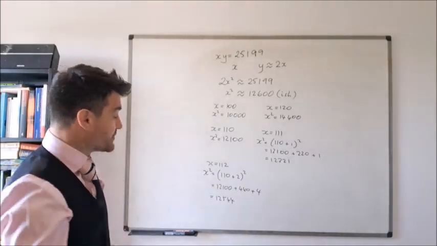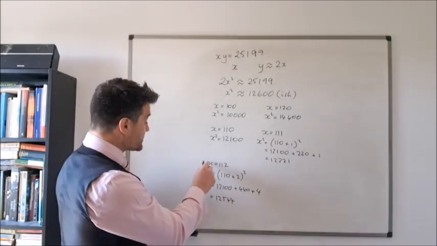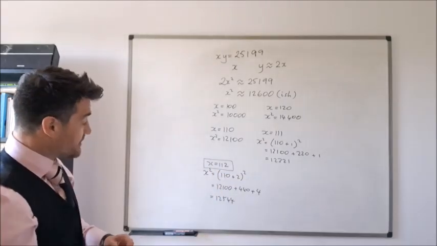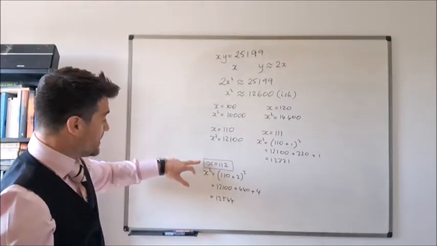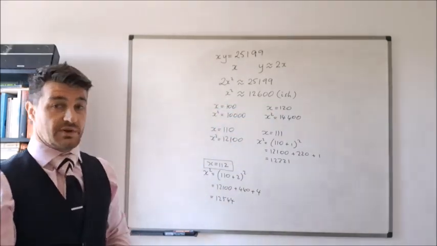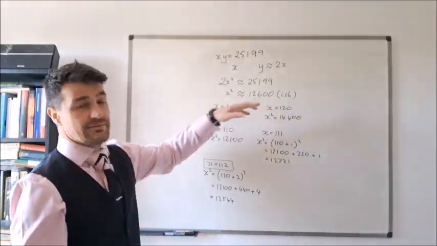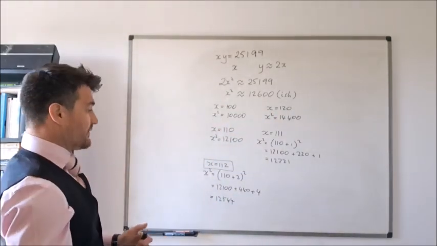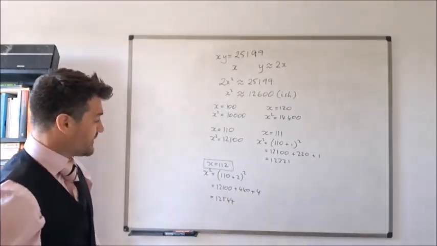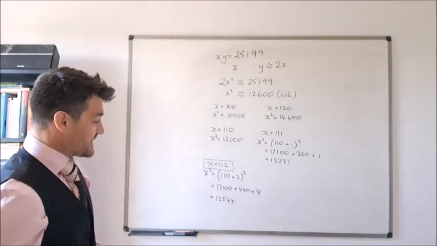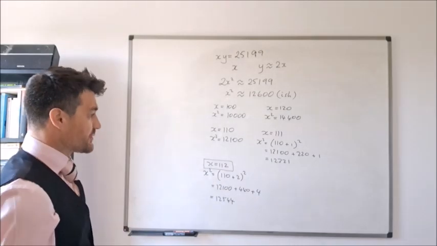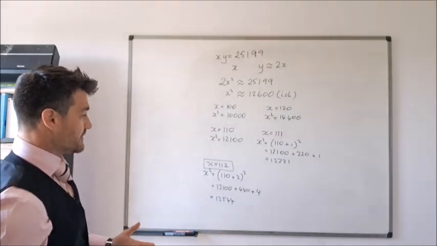So x equals 112 seems to be a good number. It's a number that when I square it, brings me to something close to 12,600. Remember, we're not looking for exactly 12,600, just something close enough to it. So 12,544 seems close enough. The problem is x equals 112 is not a prime number, unfortunately.